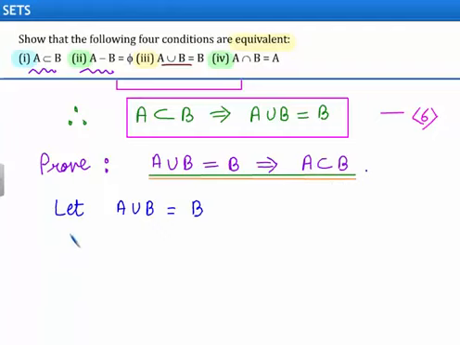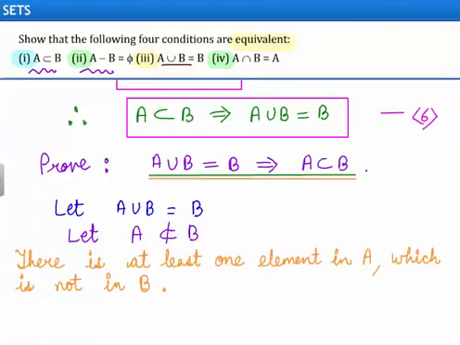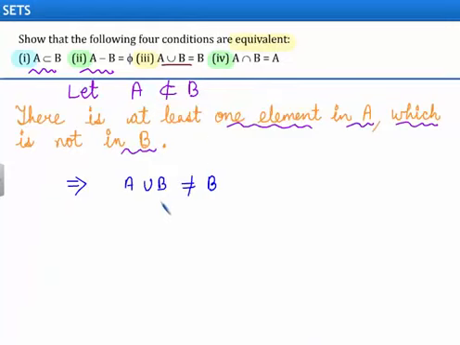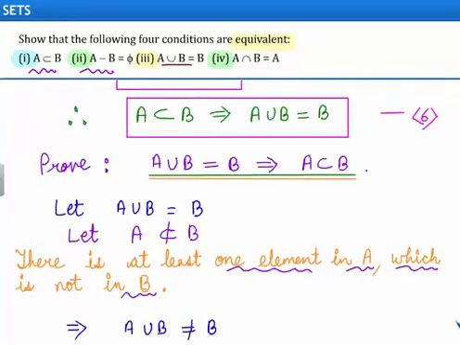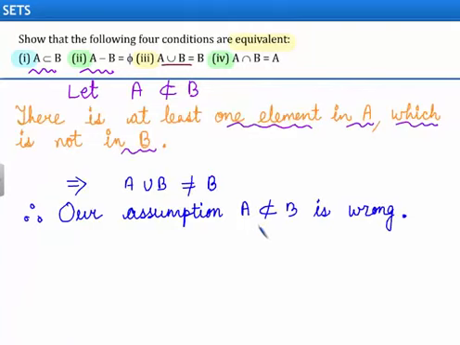So let A be not a subset of the set B. So if A is not a subset of B, there is at least one element in the set A which is not in the set B. So this implies that A union B is not equal to the set B. And this is not correct since here we have assumed that A union B is equal to B. Therefore, our assumption A is not a subset of B is wrong.